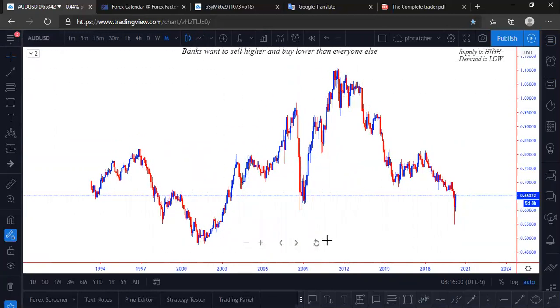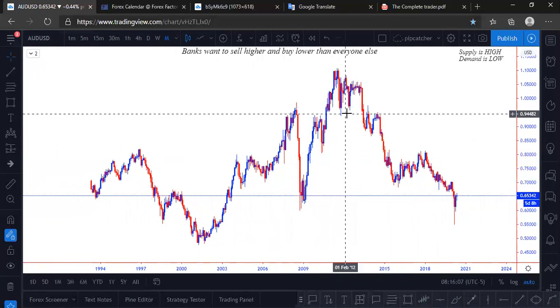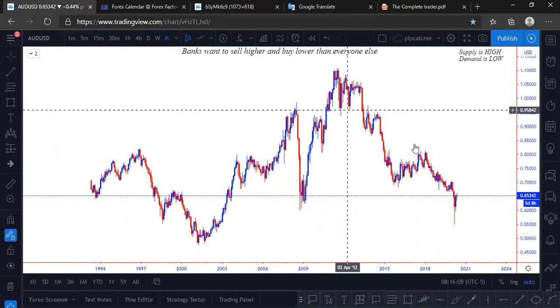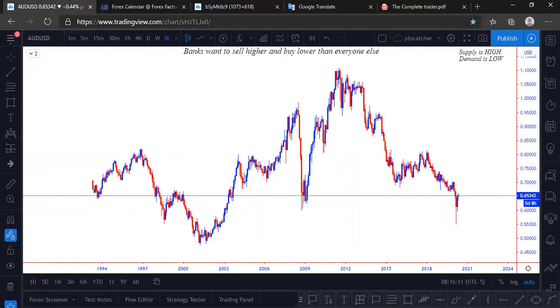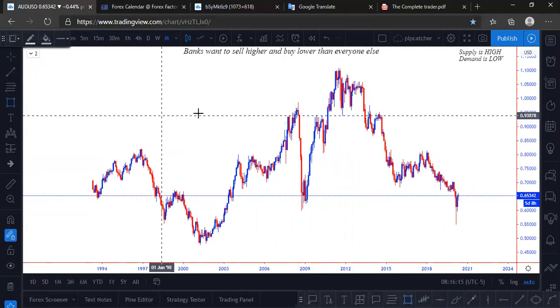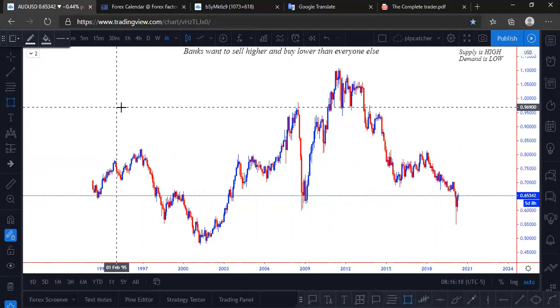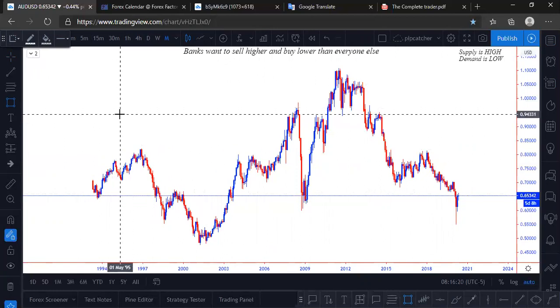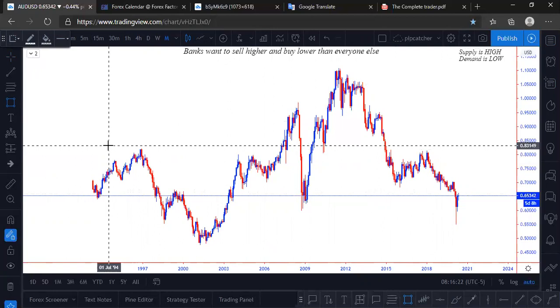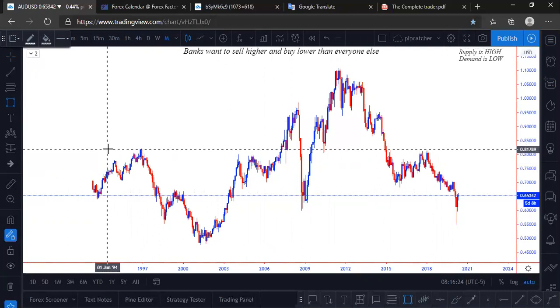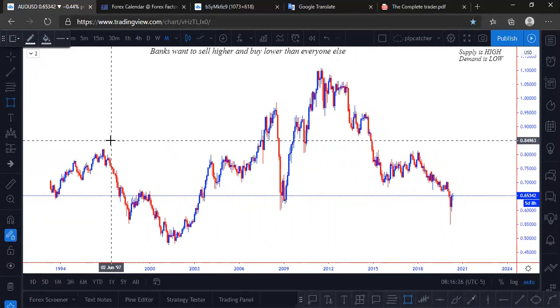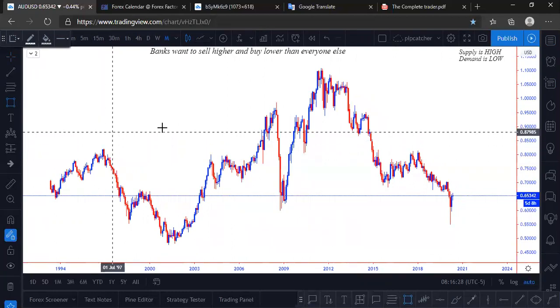And you could do it on a candlestick chart, you could do it on a line chart. But let's get into it. So what I'm really focusing on for zones is how many times price has touched a zone.